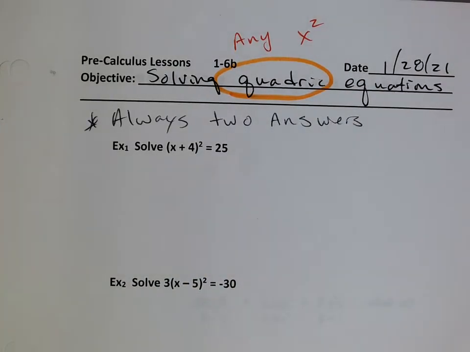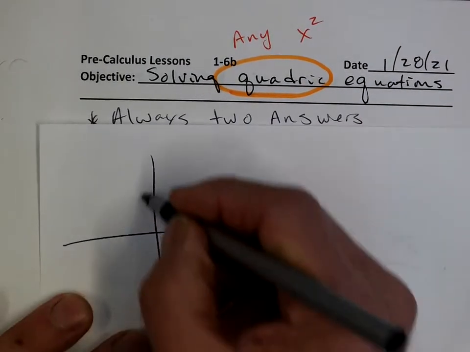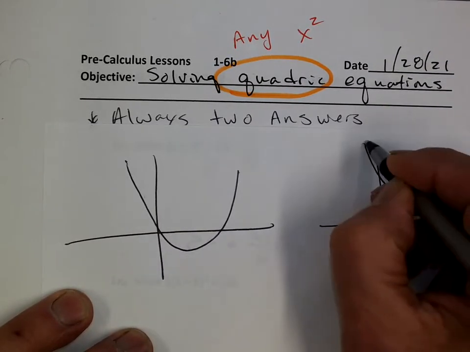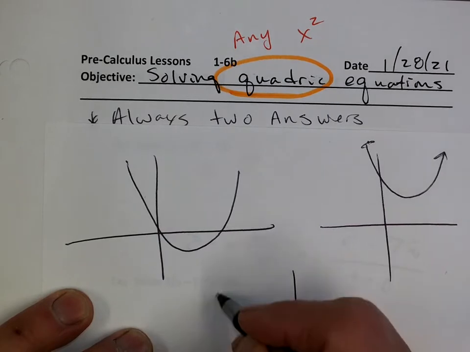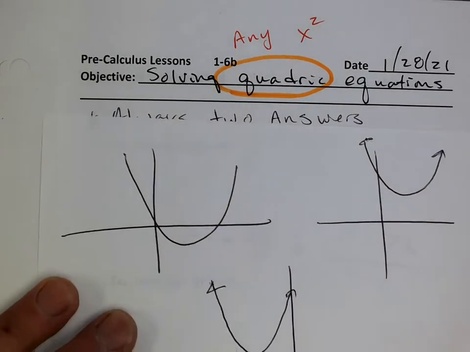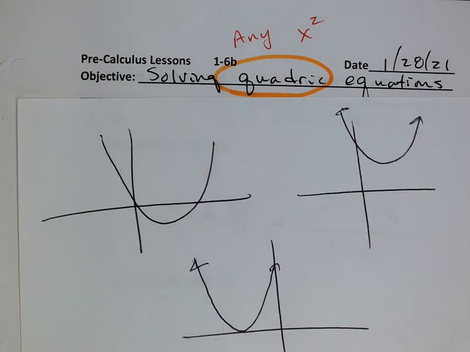Visually, if we're looking at it as a parabola, when I say always two answers, you can see 1, 2, we got two answers here.